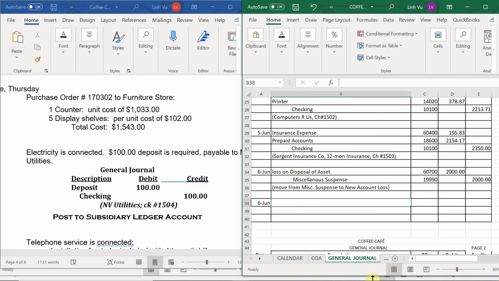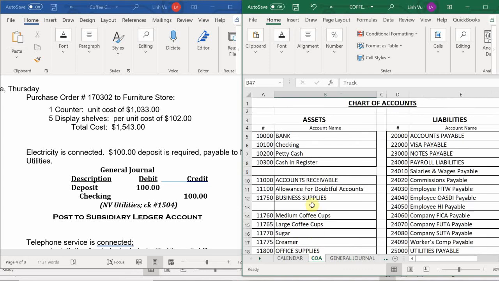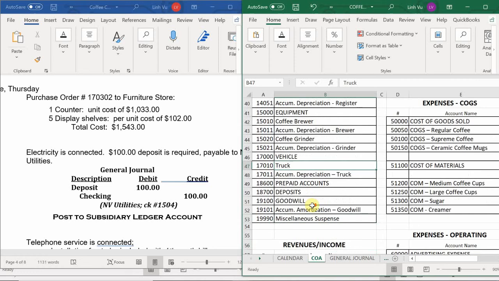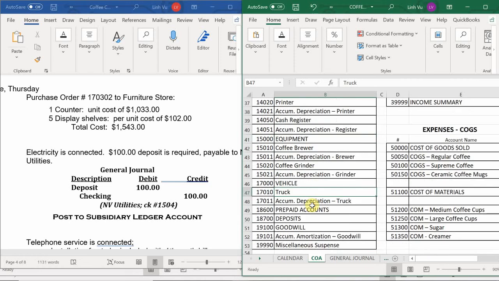Do we have an account that's called deposits? Let's take a look at our chart of accounts. Liability?